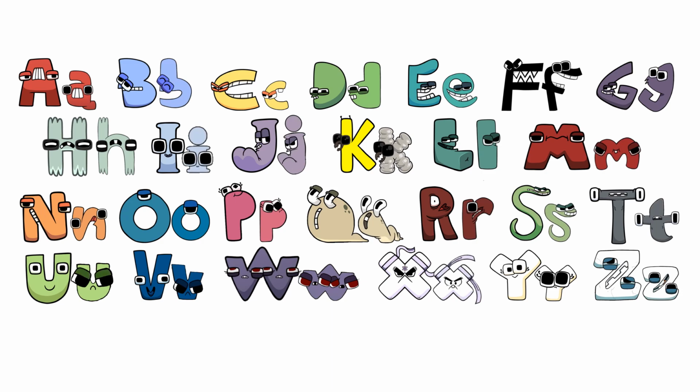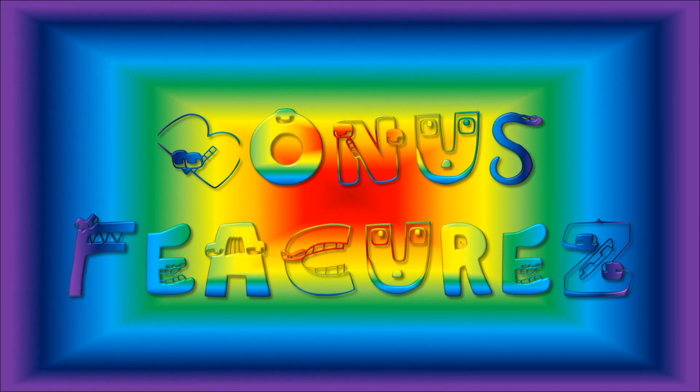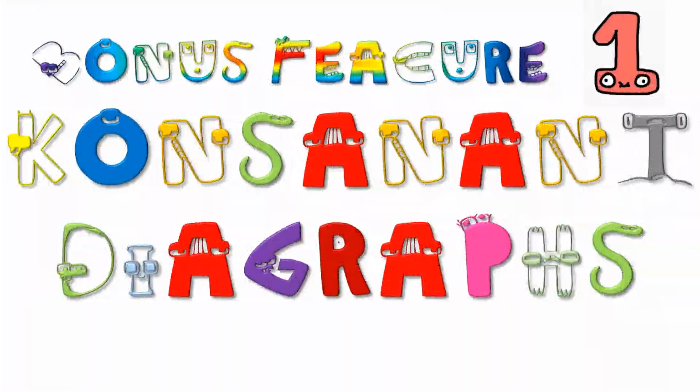What else are bonus features? Yeah? Bonus features. Bonus feature number 1, consonant digraphs. Okay, so a consonant digraph is basically when two letters sound like a letter that already exists.